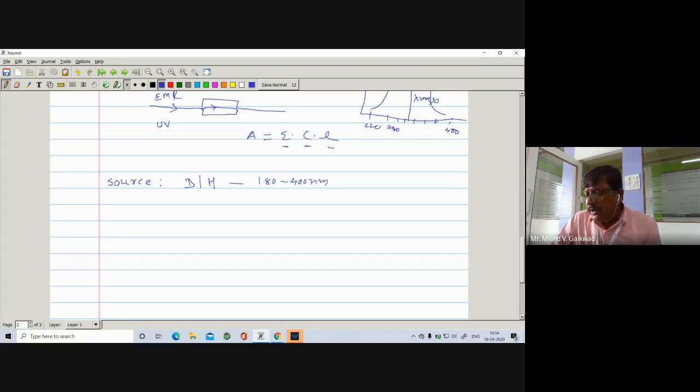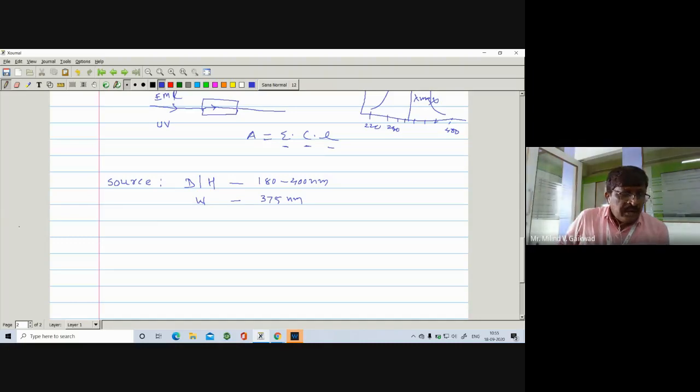Sometimes we can also use a tungsten filament, which can emit wavelengths of more than about 357 nanometer. So generally we use deuterium, hydrogen, or tungsten filament.